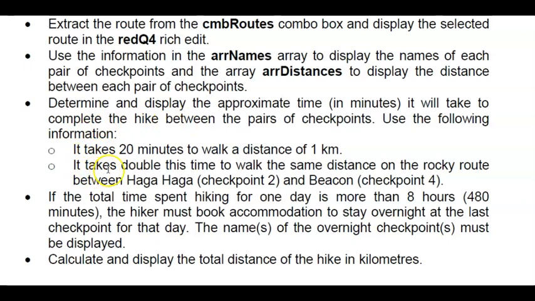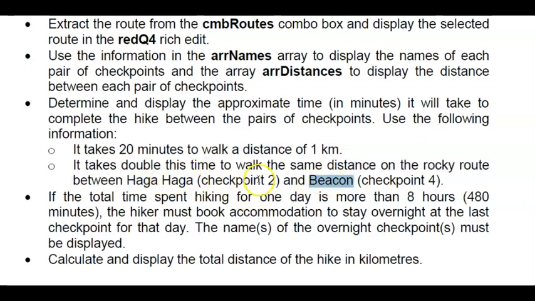Now you have to look at these sub-bullets here. It takes 20 minutes to walk a distance of 1 kilometer. So you have the distance there in kilometers. You can just multiply that by 20 to get the minutes. It takes double the time to walk the same distance in a rocky route, which would be between Haga Haga and Beacon Point.